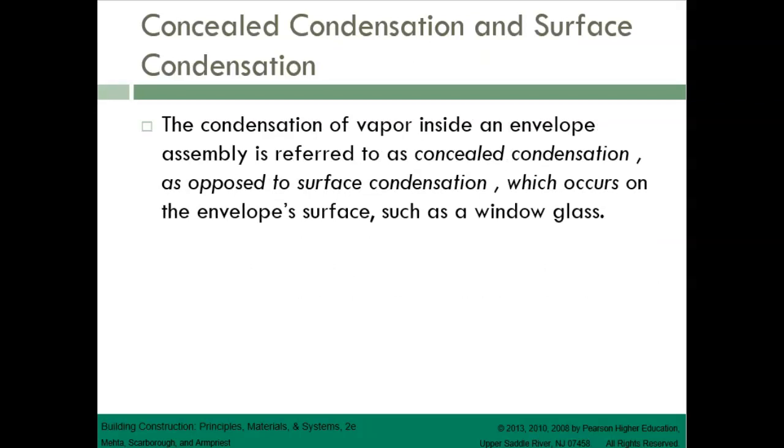The condensation of vapor inside an envelope assembly is referred to as concealed condensation, as opposed to surface condensation, which occurs on the envelope surface, such as a window glass.